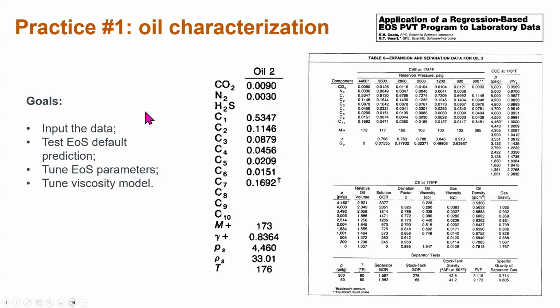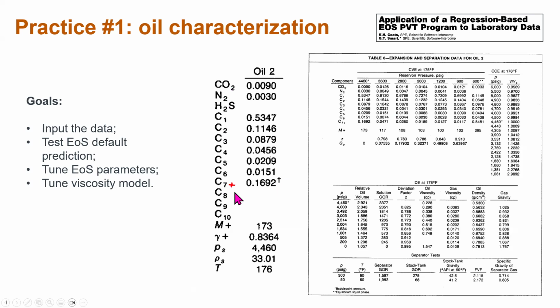Which data do we have? We have the compositional analysis. These are the components, and these are the mole fractions in the oil. We have CO2 and nitrogen as impurities, and we have C1 through C7. However, C7 here is C7 plus.